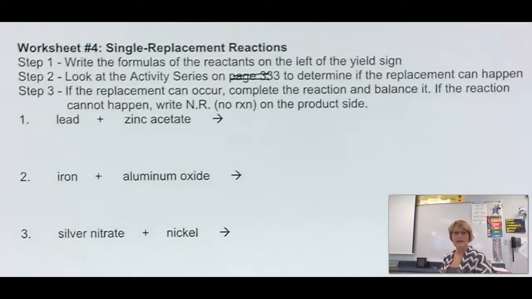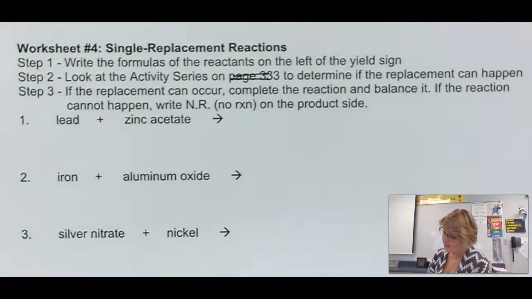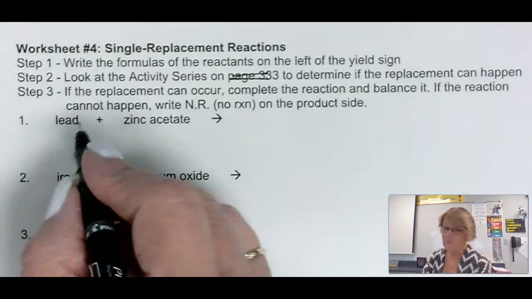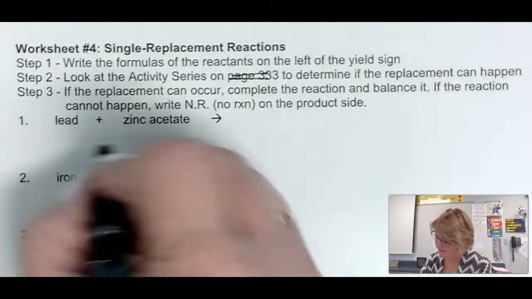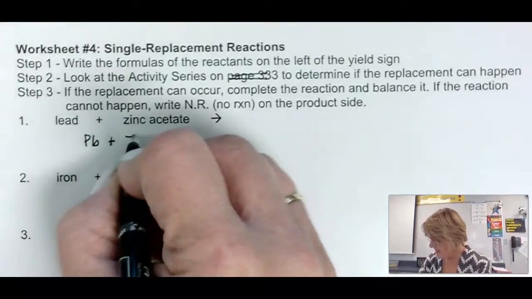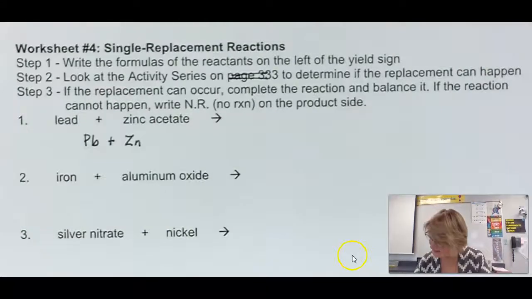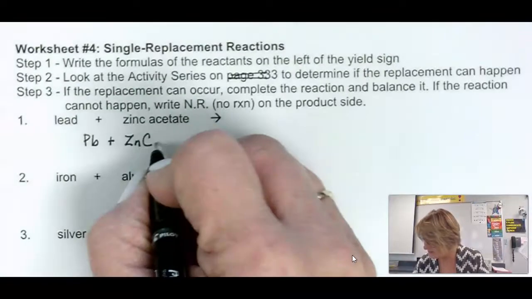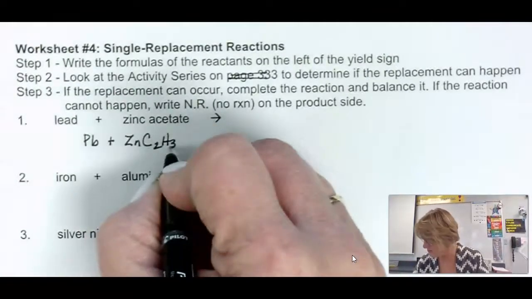I'm going to do just a few of these with you, and you can check to make sure that you are doing them correctly. So first off, we're just going to translate. I have lead, and that is just Pb. And I have zinc acetate, so C2H3O2.